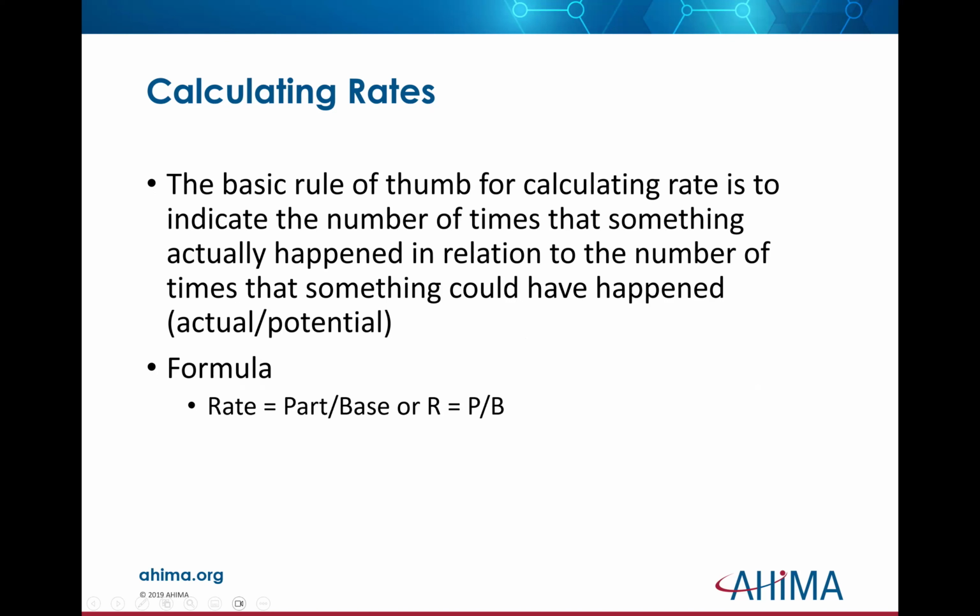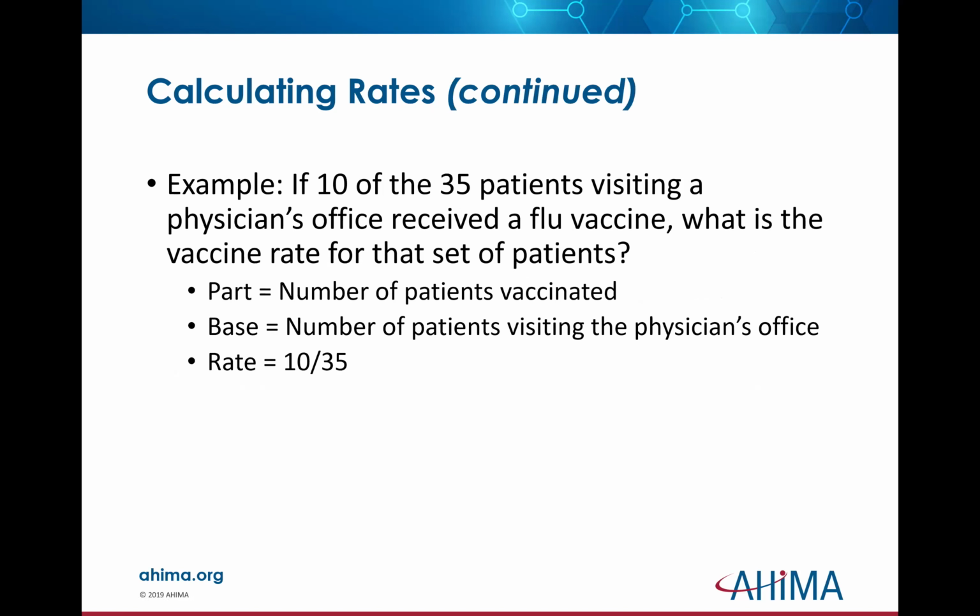Anything with a rate, remember this. The numerator is going to be the number of times something happened divided by the number of times something could have happened. So if we had 10 out of 35 patients visiting a physician's office and they got a vaccine, what would the vaccine rate be?